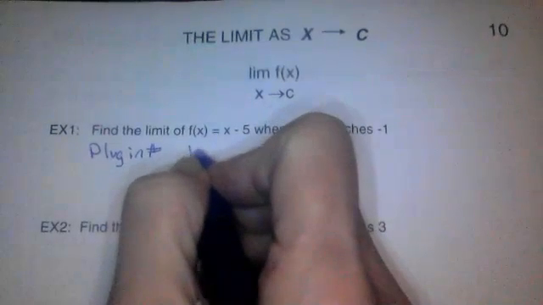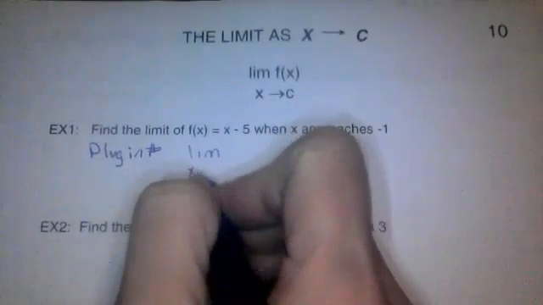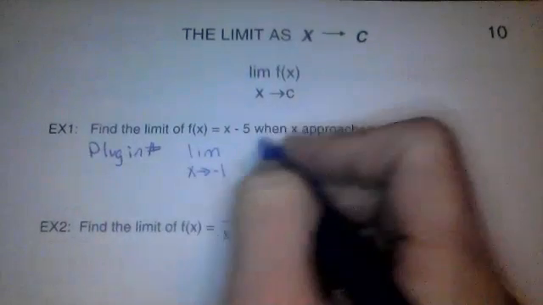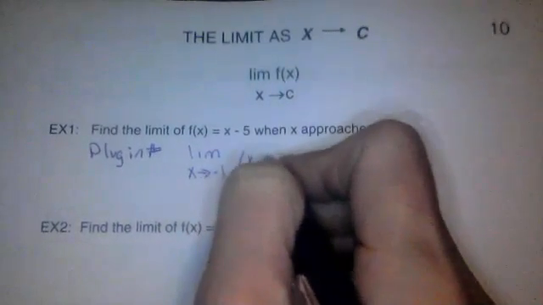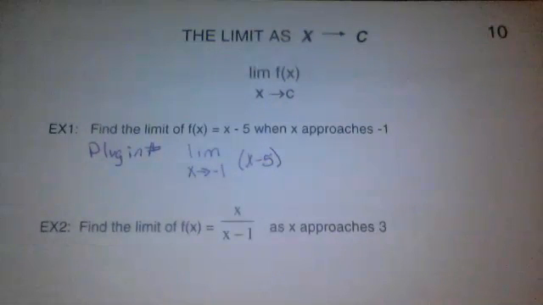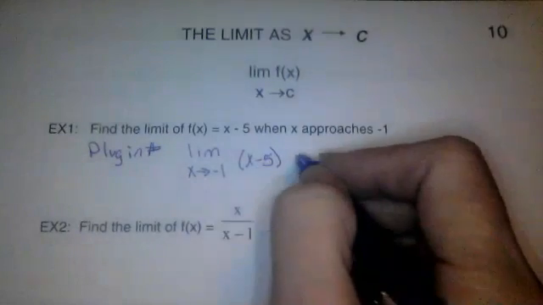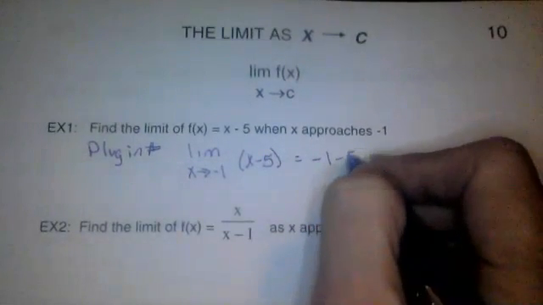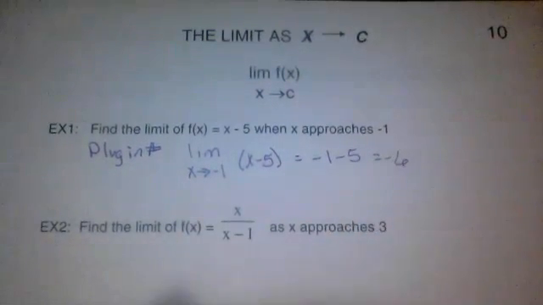It would be the limit as x approaches negative 1 of x minus 5. Then we could just try plugging in negative 1, and negative 1 minus 5 would be negative 6. We know that this is an equation of a line. We know that a line is continuous, and so the limit and the value would be the same.